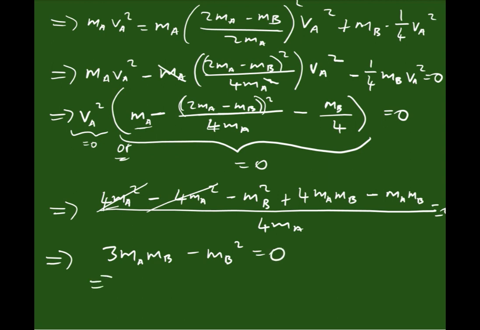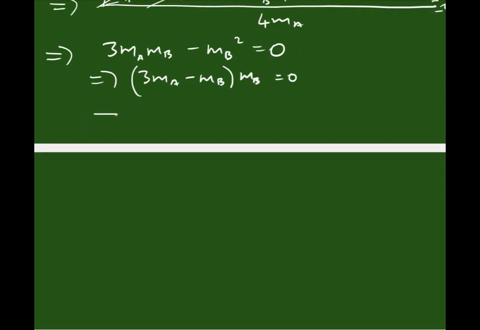And a little bit more factorizing, we take the MB out here, so we end up with 3MA minus MB times MB is equal to 0. So either MB is equal to 0 or 3MA minus MB is equal to 0.